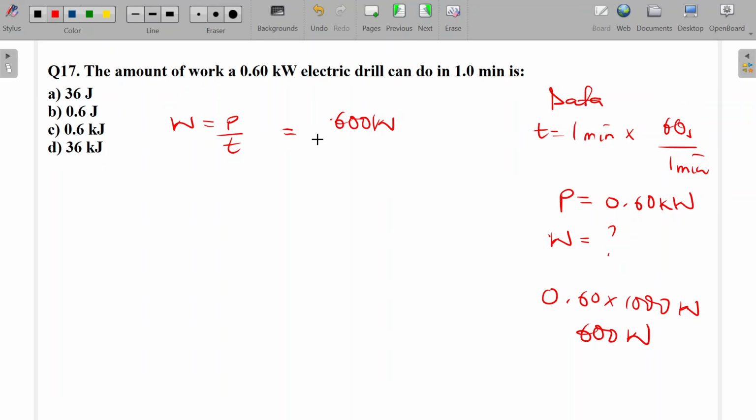So here I have 600 watts divided by the time taken, which is 60 seconds. As a result, I'm going to have 10 joules.